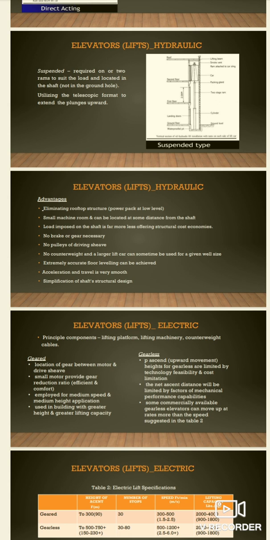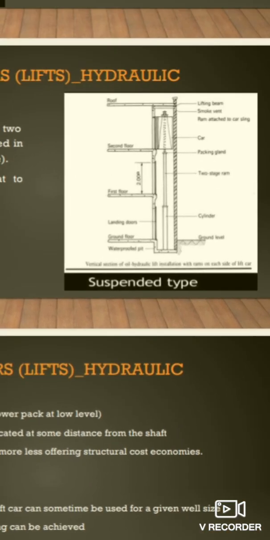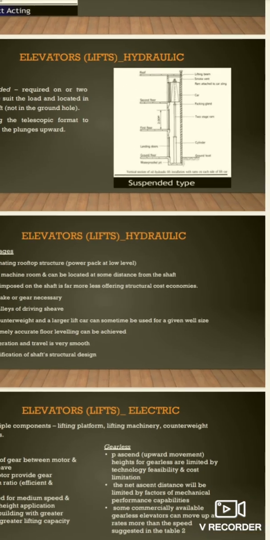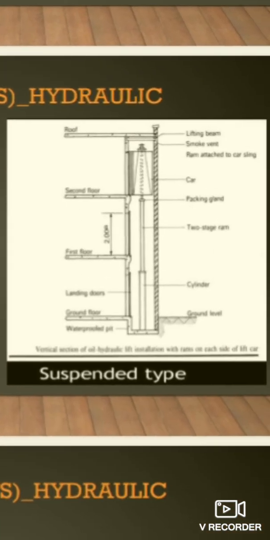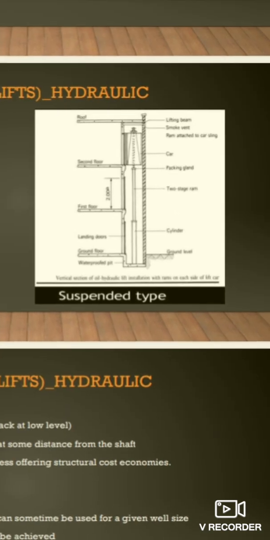Suspended requires one or two rams to suit the load allocated, and shaft not in the ground hole, utilizing the telescopic format to extend the plungers upward. So this is the suspended type.